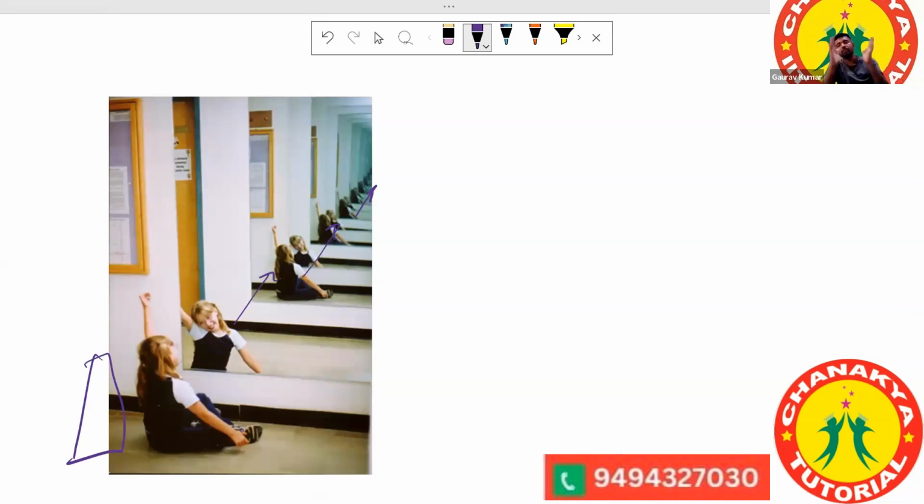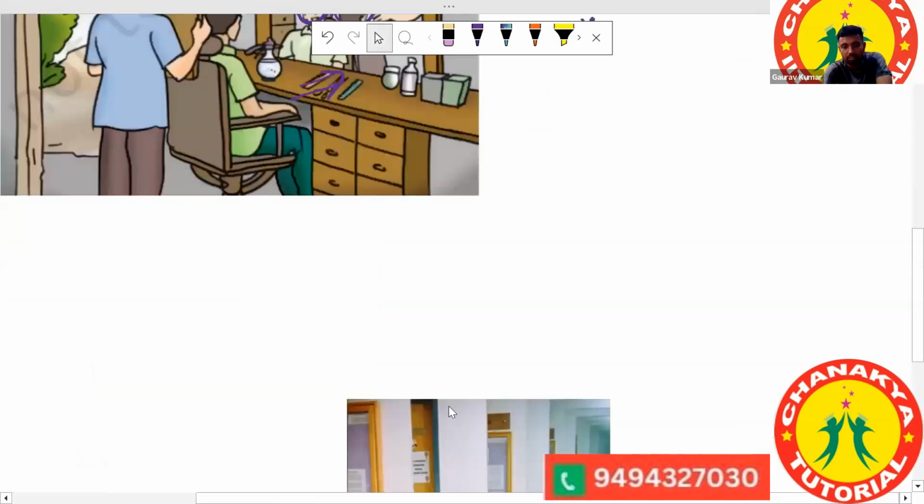So parallel mirrors can create infinite number of images. Whereas when a mirror is tilted at some angle, it won't be able to create infinite number of images, but it can create large number of images. Fine. Let's move to dispersion of light.